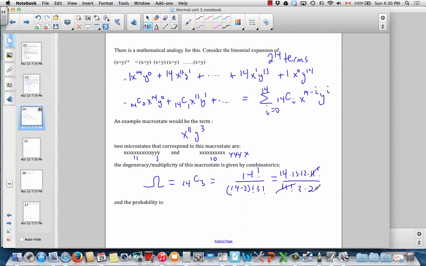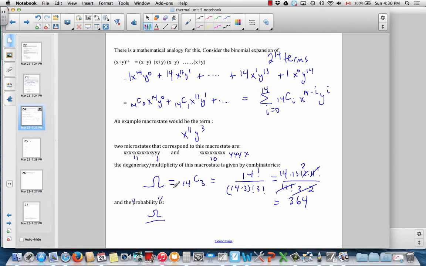And then we have 3 factorial, which is 3 times 2. That's 6. That cancels out the 2. So we end up with 2 times 13 times 14. So that's 26 times 14. That is 364.